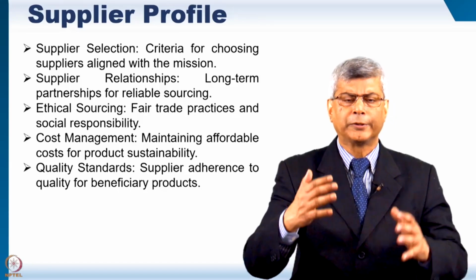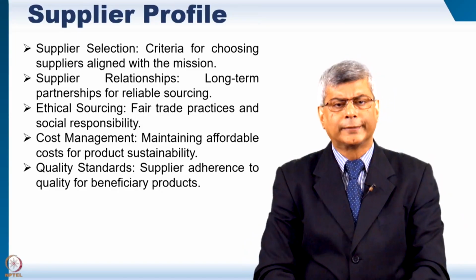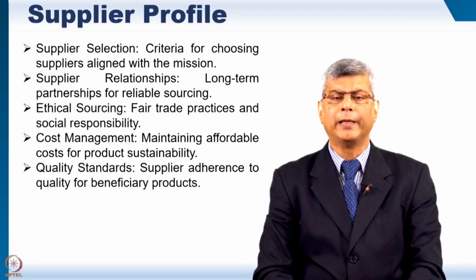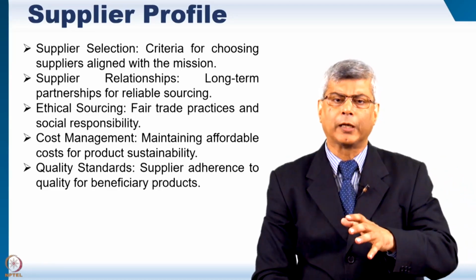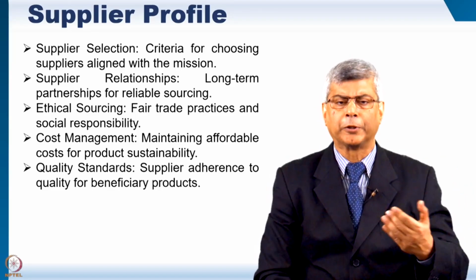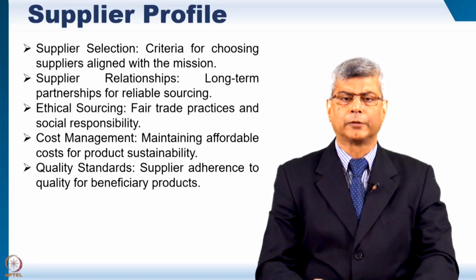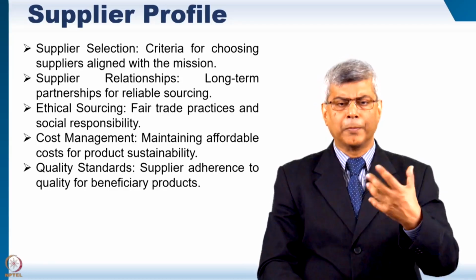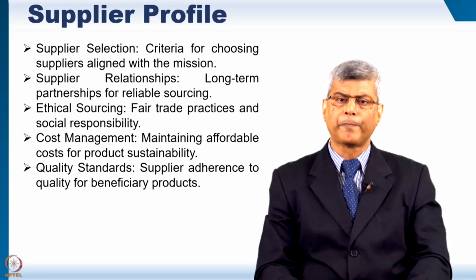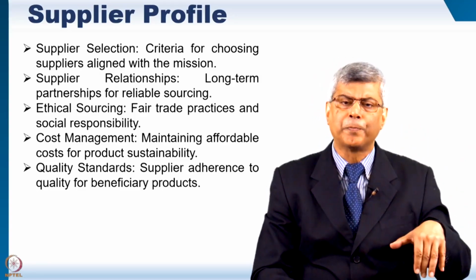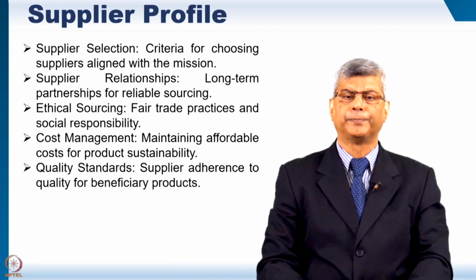If you move on, then you start looking at the supplier profile. Now the suppliers, some of it may actually be just free. For example, if you are creating products out of a forest produce, tamarind, apples, turmeric, etc., which grow in the forest, then a lot of raw material may be very low priced or even free because you're getting it from your own orchard or the village trees.